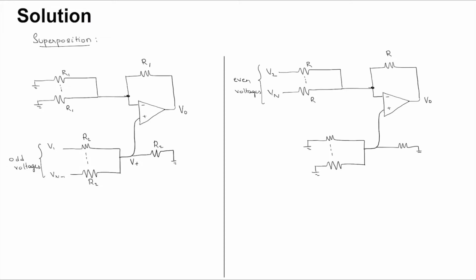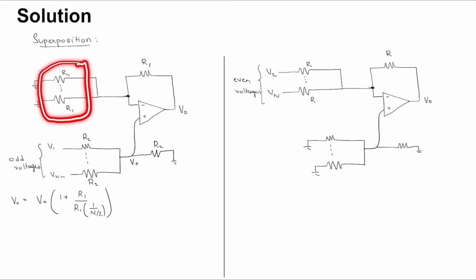You can see that Vout is simply going to be the V plus node voltage times 1 plus Rf by R1. So we can see that there are n by 2 resistors here, and this is Rf.